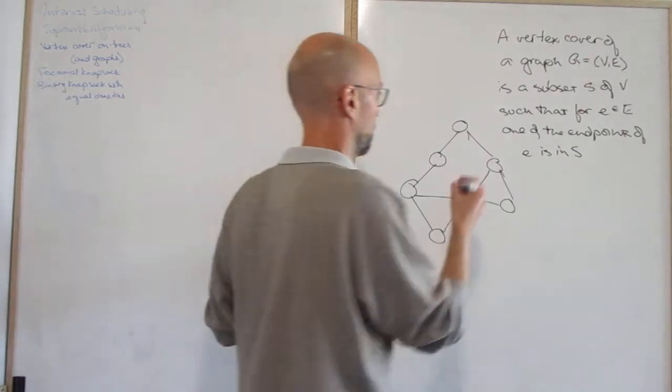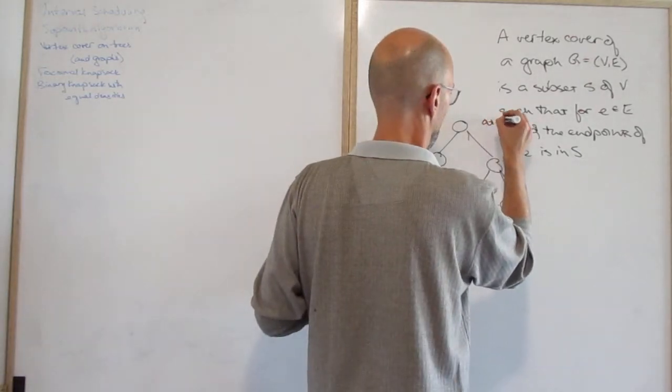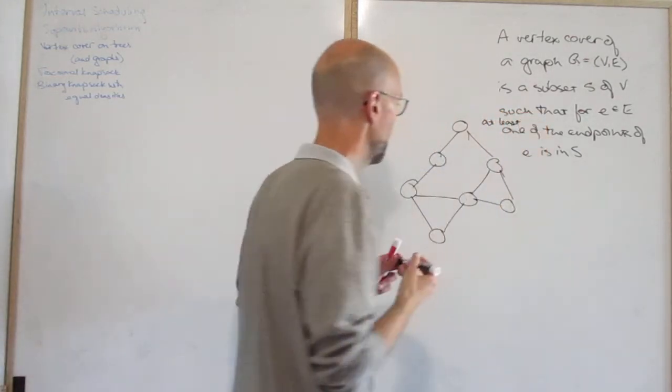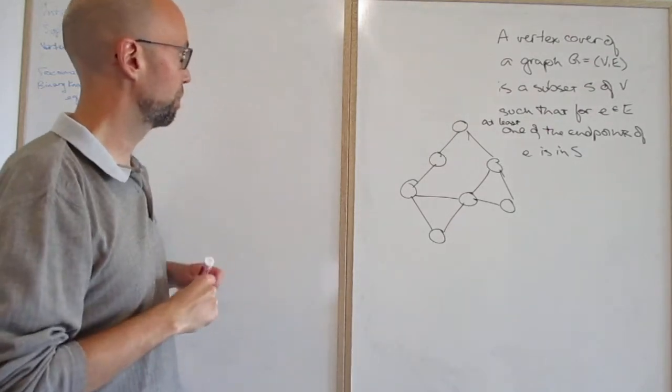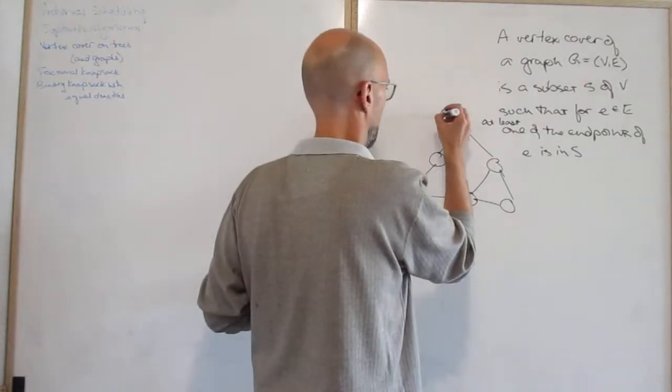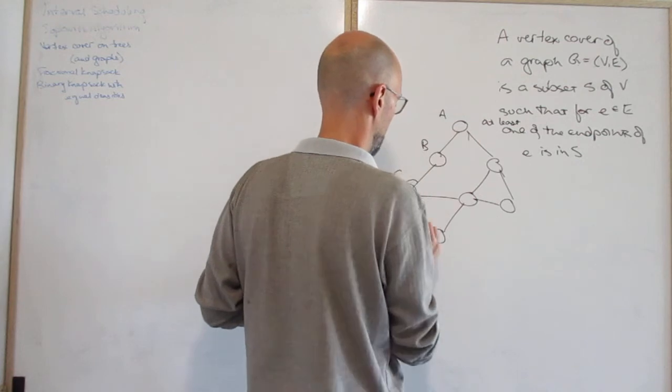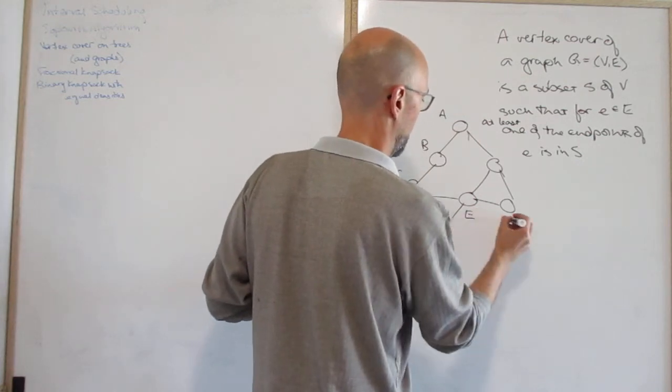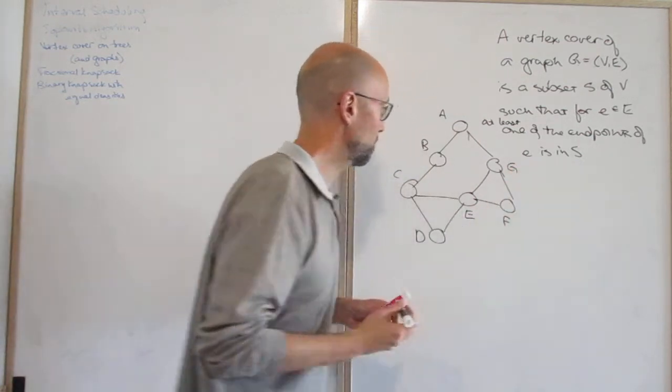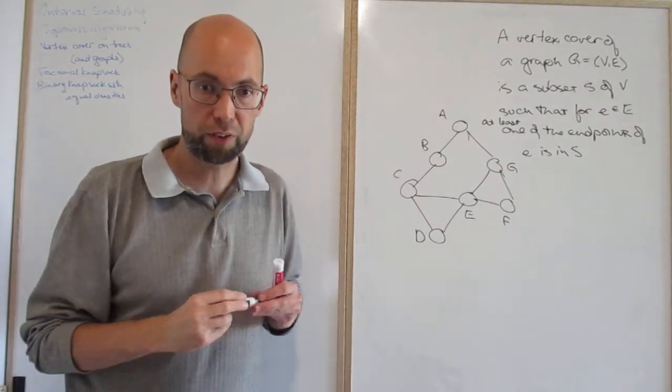At least one of the endpoints. So, A, B, C, D, E, F, G. Does somebody want to pick a vertex for this graph?